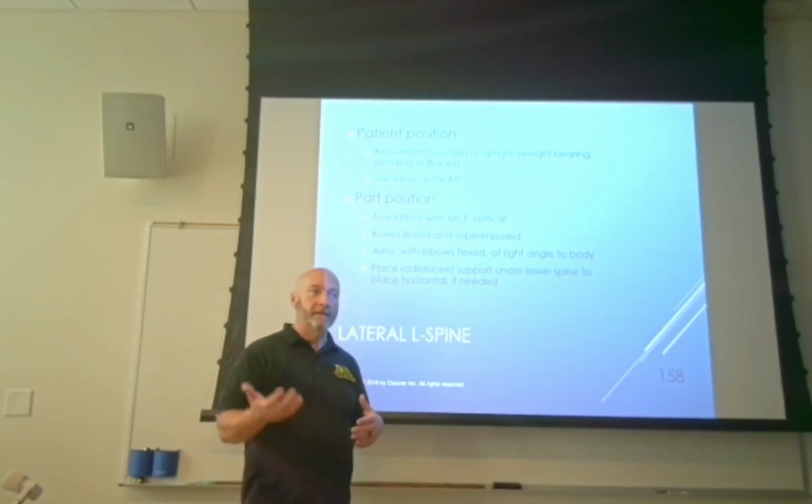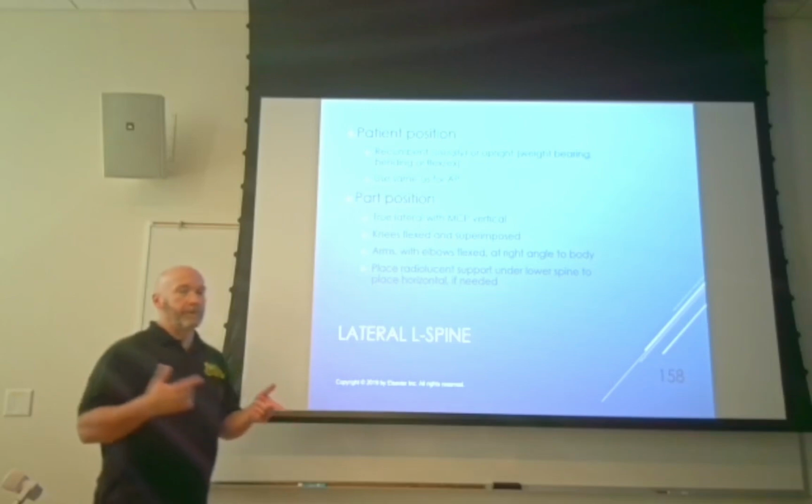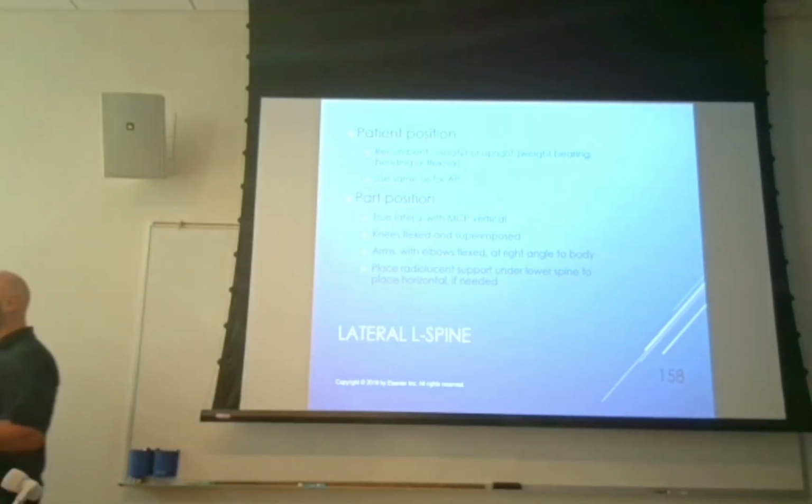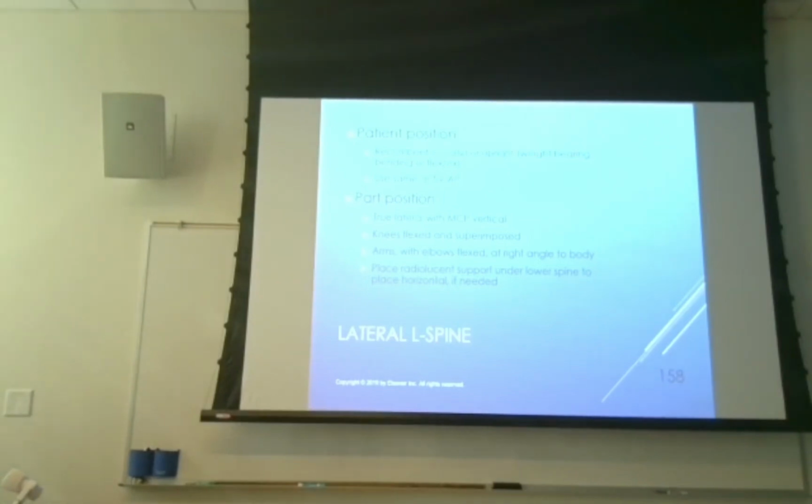So more angulation in women, caudally for L-spine, as opposed to T-spine, which is more cephalic in men. So what we're trying to avoid here is, again, the thing that I was showing a second ago.